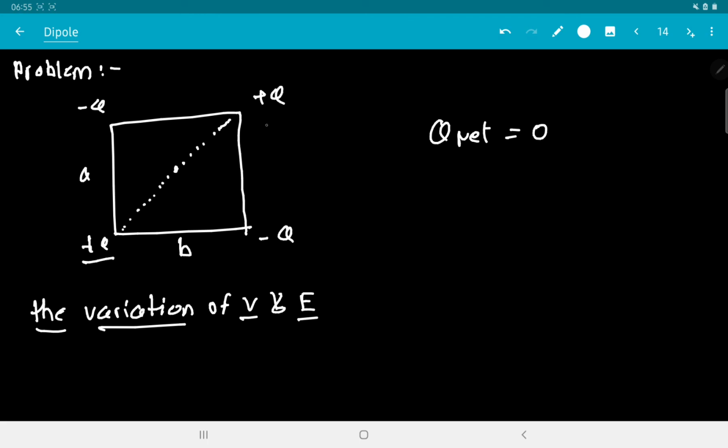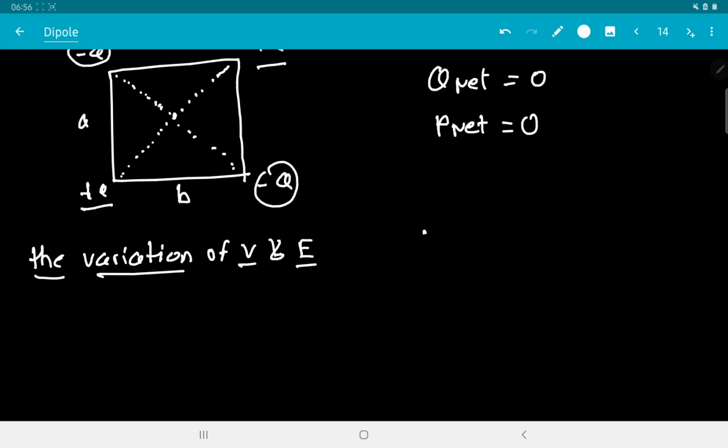Yes, we are getting positive charges here, and if I go in this direction, again in the opposite direction, I will get negative charges. That means here the dipole moment is also 0. In this case, we have learned that potential will vary with r cube and electric field will vary with r raised to 4.